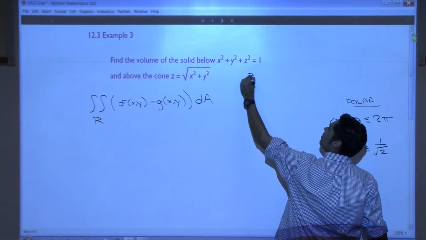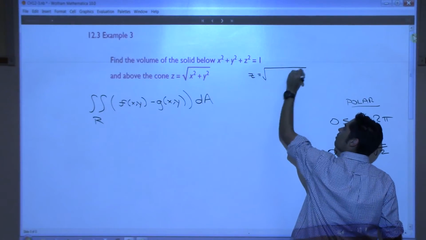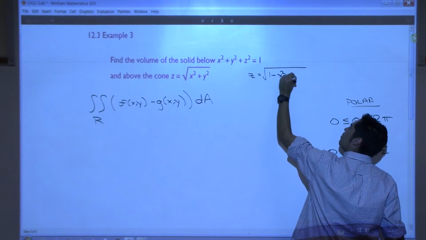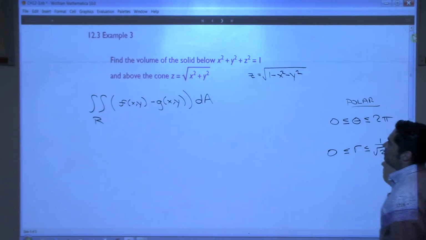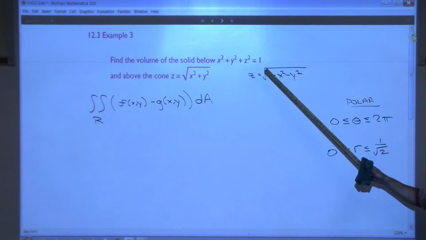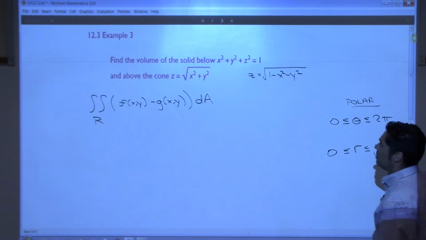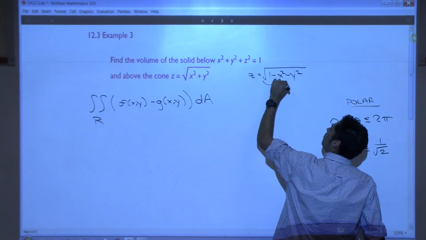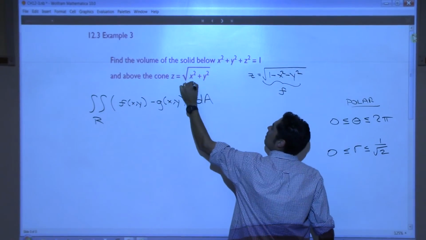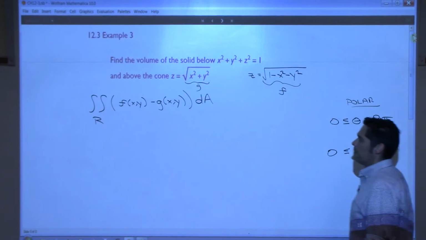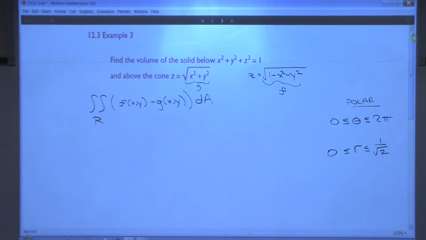Solve this for z. You get z equals the square root of 1 minus x squared minus y squared. Now, it should be plus or minus, right? But I'm only doing the plus because I'm looking at the top cap, the top half of the sphere. And this one's already solved for z, isn't it? So this is my f function, and this right here is my g.